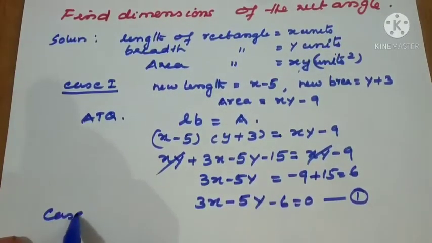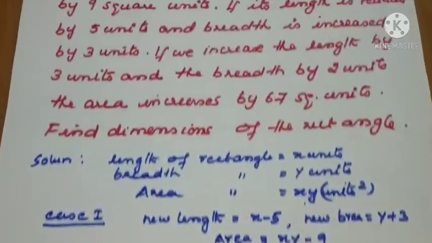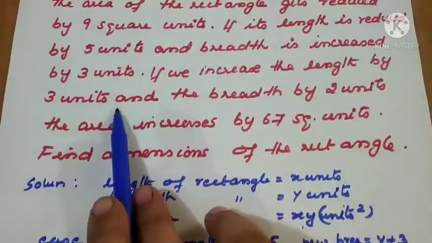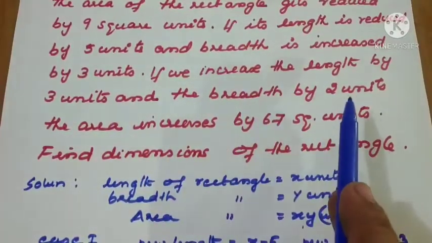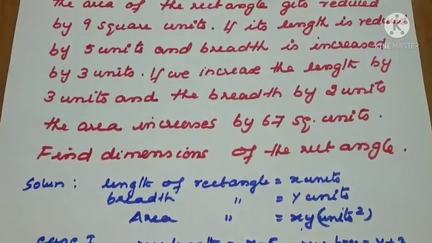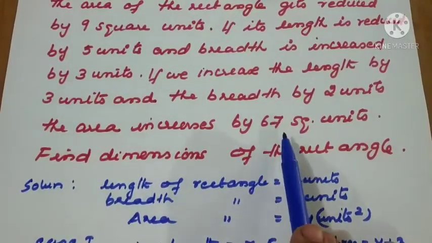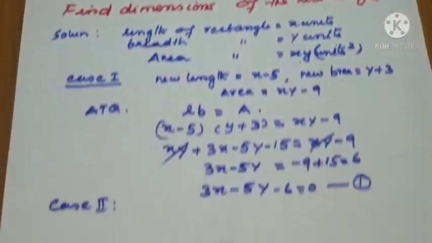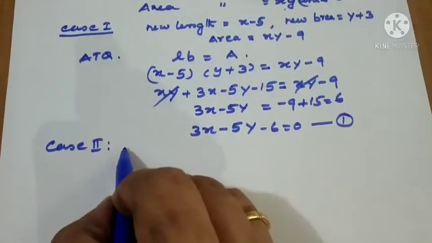Similarly, what is the case 2? Again we have to go back to the question only. If we increase the length by 3 units, breadth by 2 units, this time both are increased. Means length is also increased, breadth is also increased. Naturally, the area will increase by 67 square units. So I'll write once again. What is the new length in case 2?